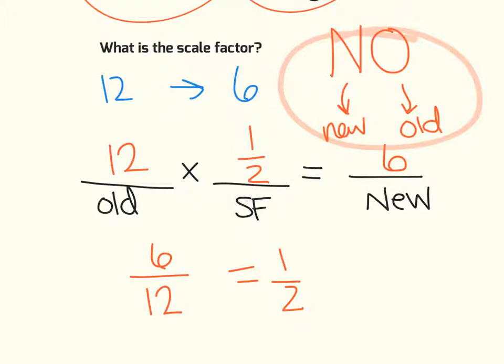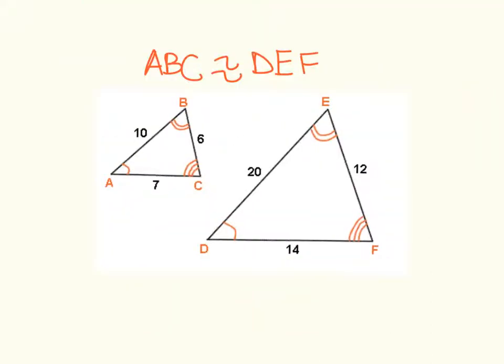Let's look at a couple more examples. Here in this diagram, ABC is similar to DEF. So A becomes D, B becomes E, and then C becomes F. So the order and how we name this similarity does matter.